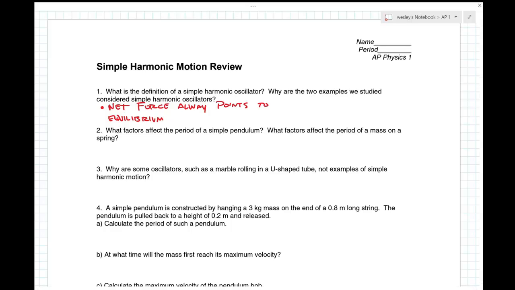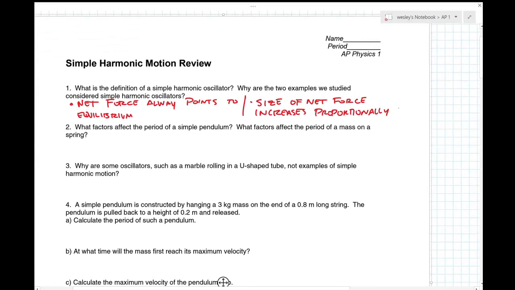The second thing we're going to say is that the size of the net force increases proportionally as the object moves away from the equilibrium position.